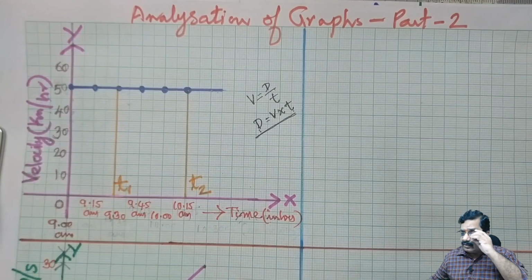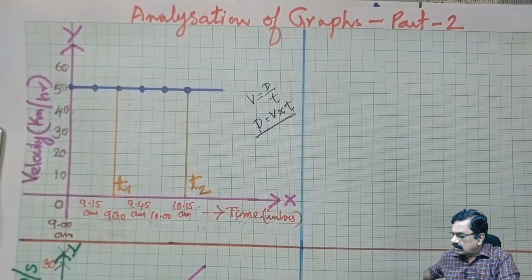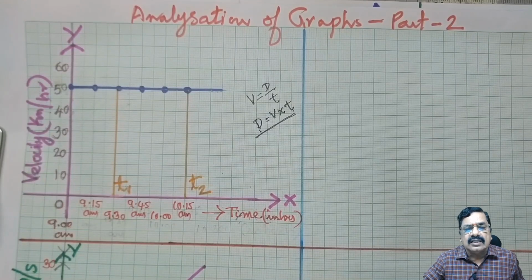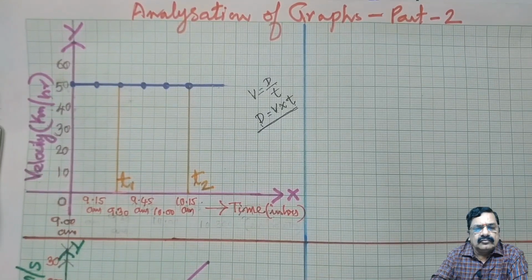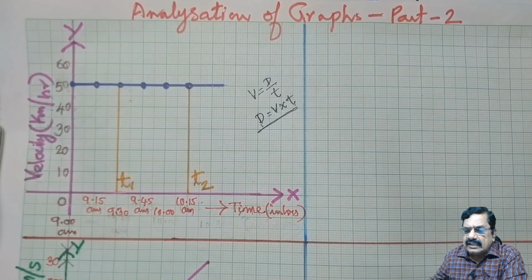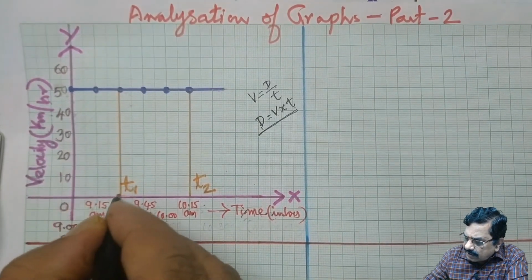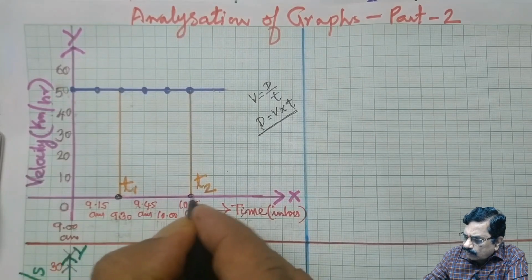Let us calculate now the distance from this graph. Now, the question here is, there are two times given, t1 and t2.